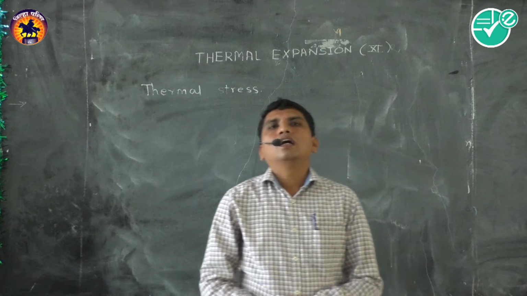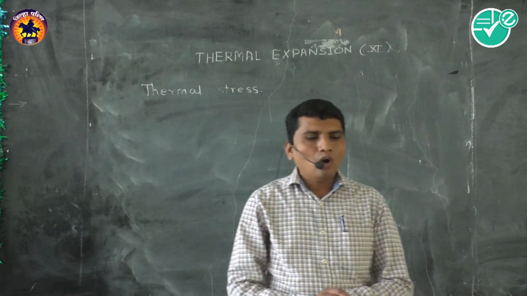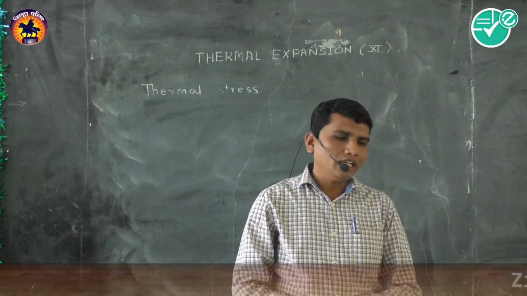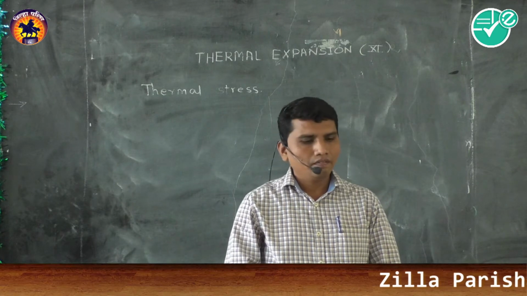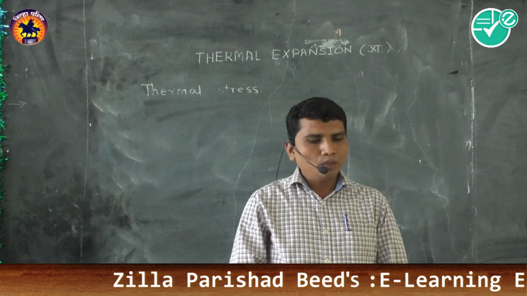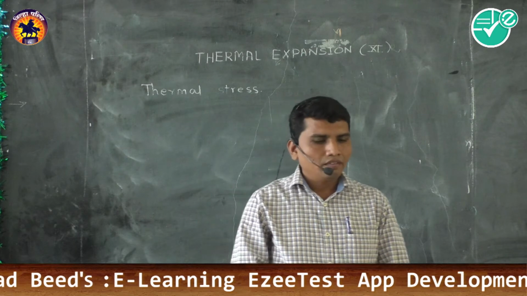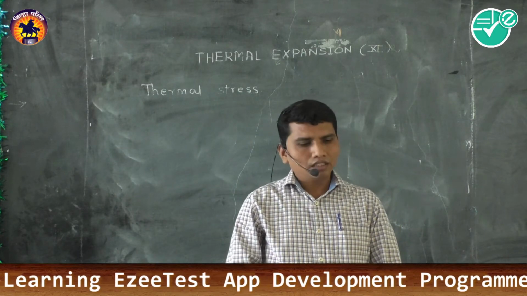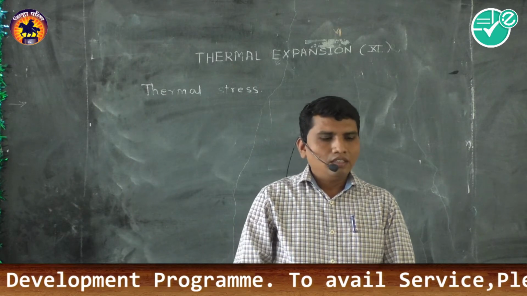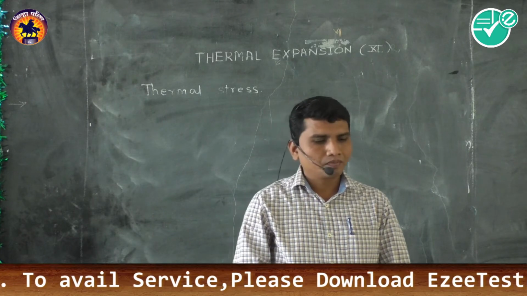Let us consider a rod of length L and cross-sectional area A. It is fixed between two rigid supports. When the temperature is increased by the amount delta T, it causes compressive stress.